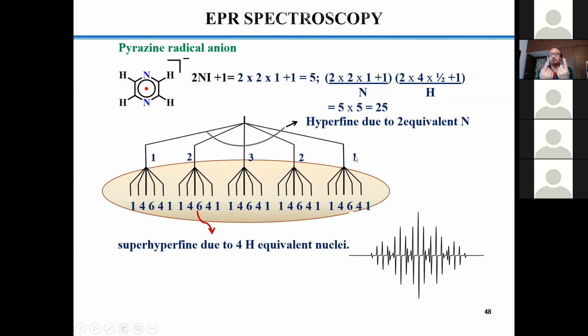That depends on how you distribute the two nuclear spins, up, down, mixed, and so on. Then for the 4 hydrogens, we know how it would be split with I equal to half: 1, 4, 6, 4, 1. That means each line would be split into 5. So 5 lines split into 5 gives 25, which is matching quite well.